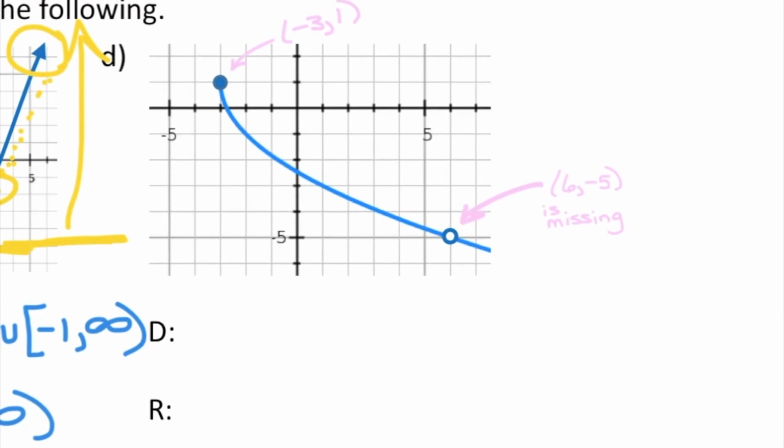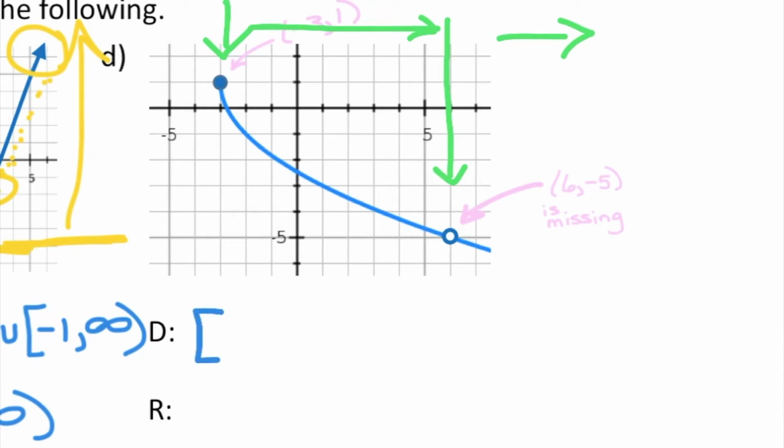And so your domain goes from here to missing this point and then to infinity. So we go from negative 3 to the hole, and then from the hole to positive infinity. So negative 3, and it's a point there where it's negative 3, 1.